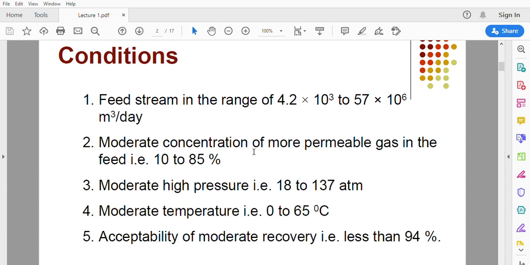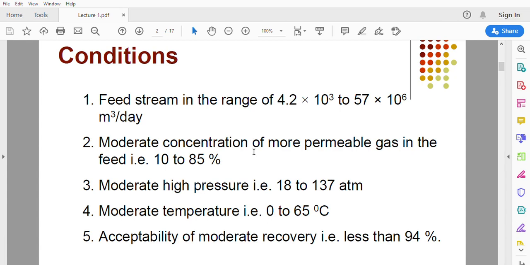Okay, next is moderate to high pressure. The pressure of the gas should be in the range of 18 to 137 atmospheric pressure. Why? Because in this process the pressure acts as a driving force. I have already told you that gas separation is a pressure driven process. So here the driving force is the partial pressure of the different species.